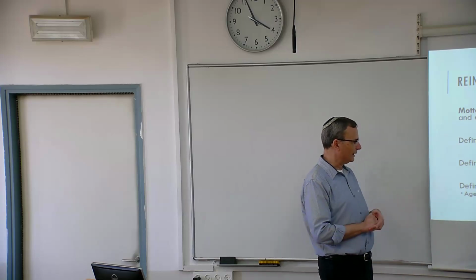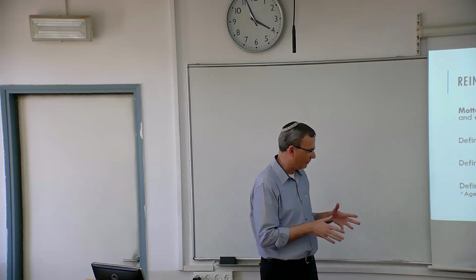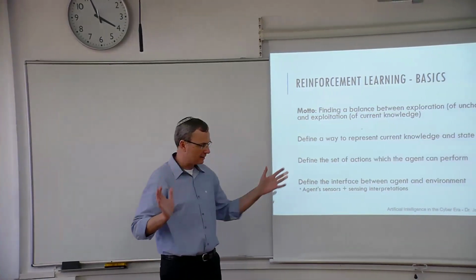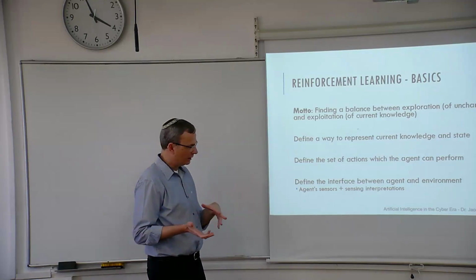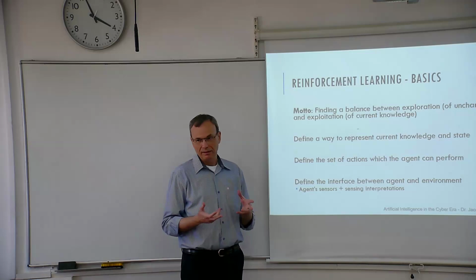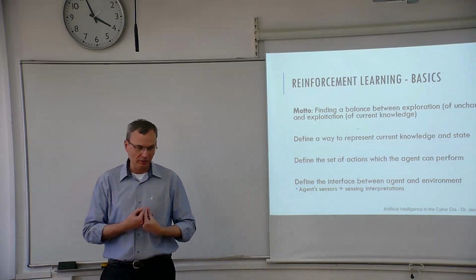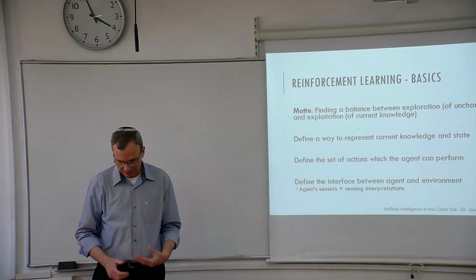And we need to define the interface between the agent and the environment, meaning what are the agent's sensors that it can use to sense its environment and get feedback. But this is not enough. It also needs to interpret correctly the feedback that it got from the environment, not just to see, but also to understand what it sees, okay?